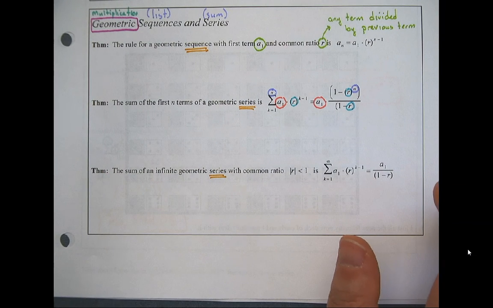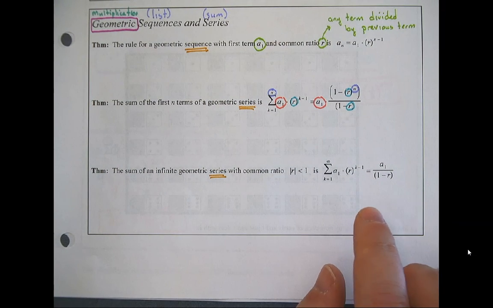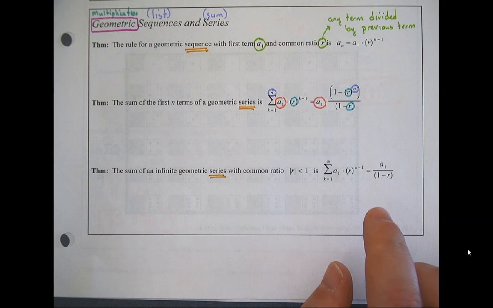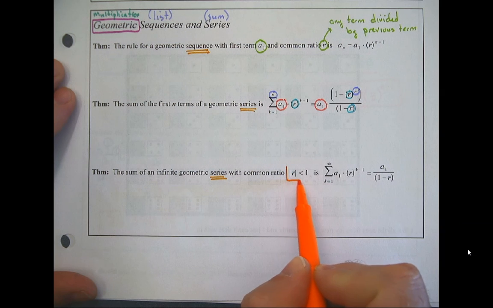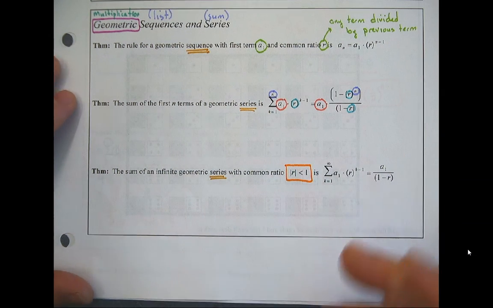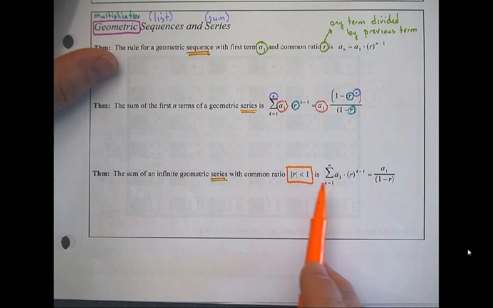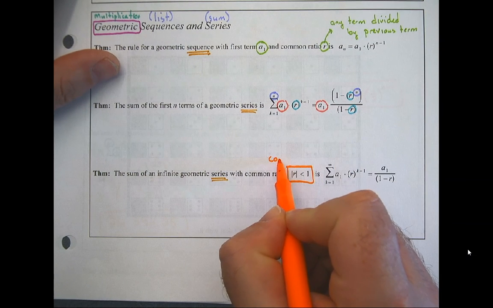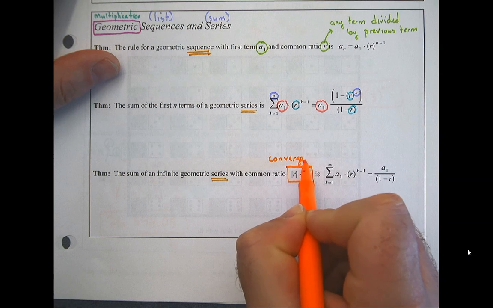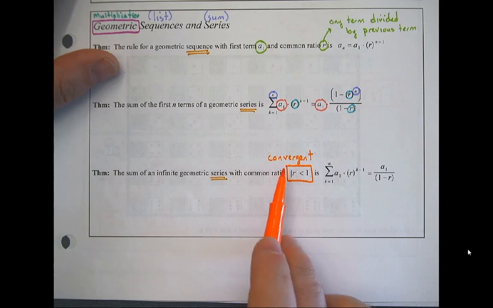So for a series to not always add up to infinity, this has to be true. Your common ratio must be less than 1. This is what we call convergent. This is a convergent series.